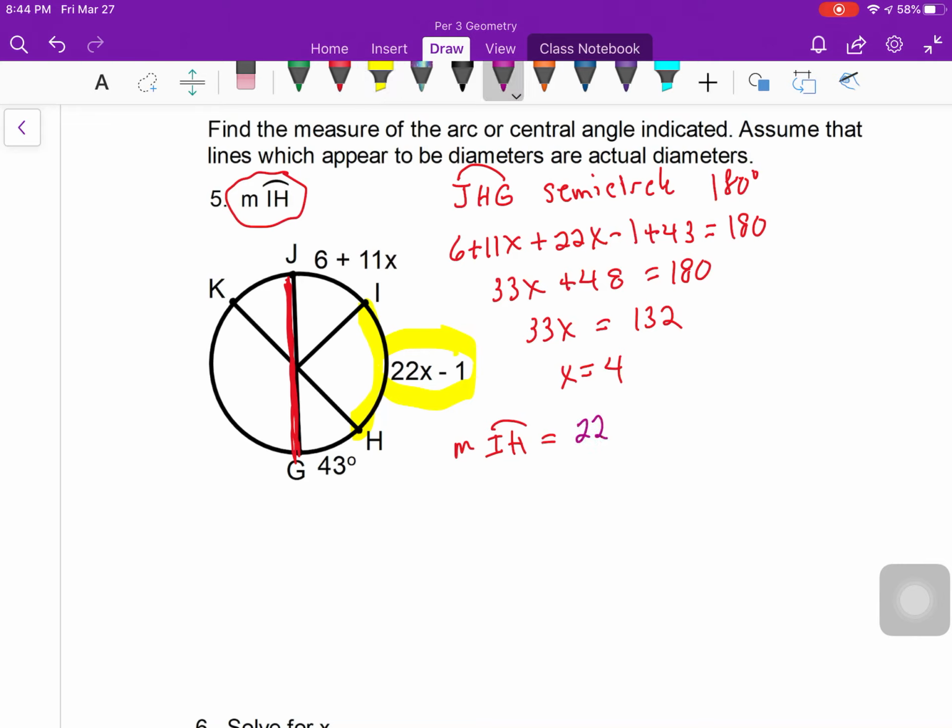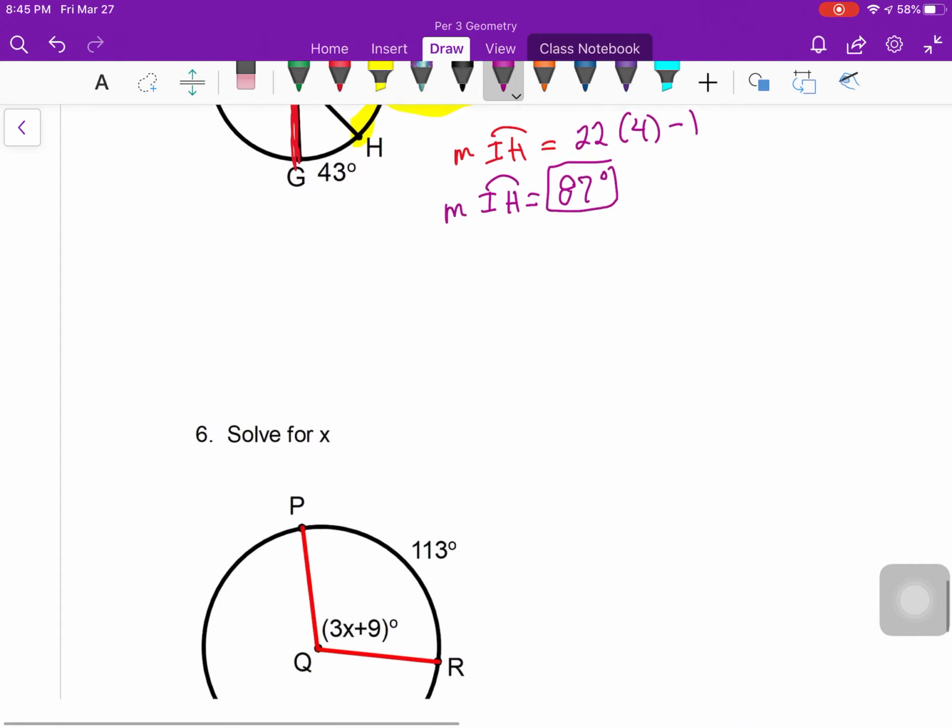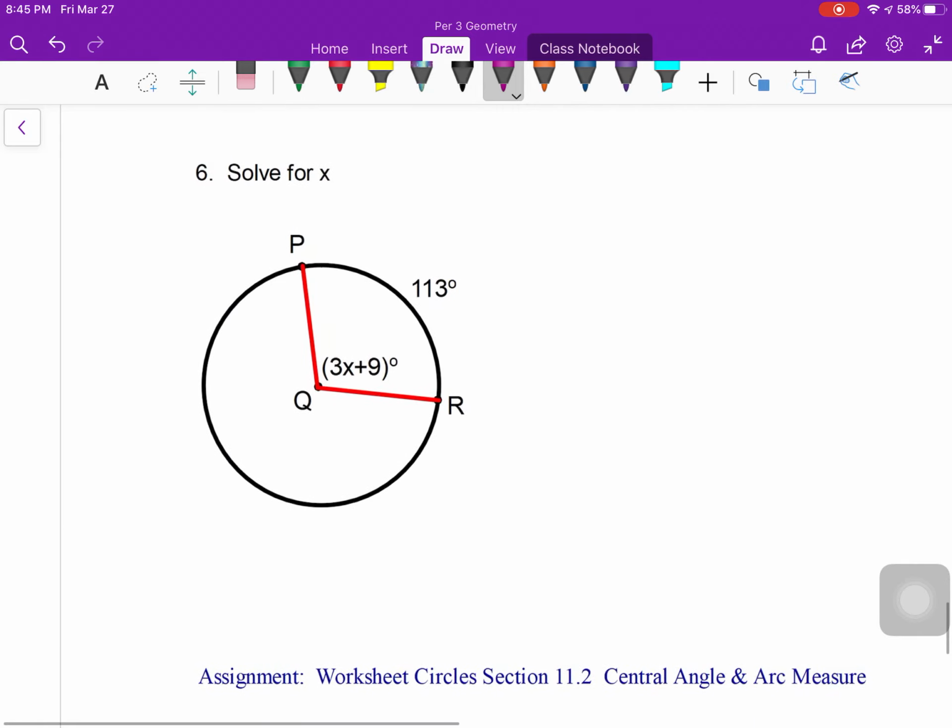So I'm going to use this 22x minus 1. 22 times 4 minus 1. So the measure of arc IH would be 87 degrees. And again, measures of arcs are in degrees. So we began by noticing we had a diameter, which meant we had a semicircle there, semicircle being 180. Then I knew I could use the arc addition postulate to set up my equation.